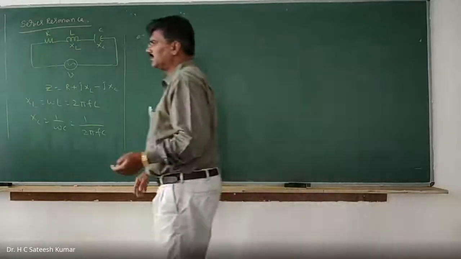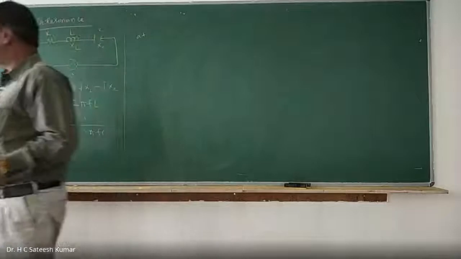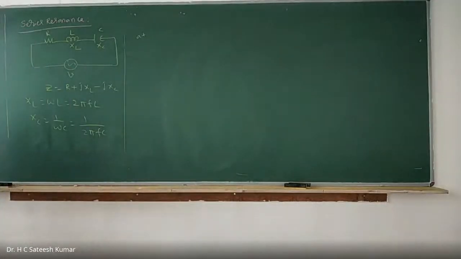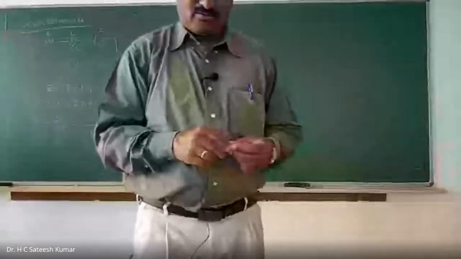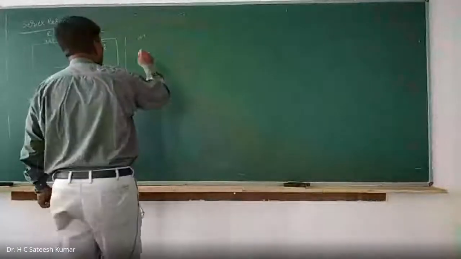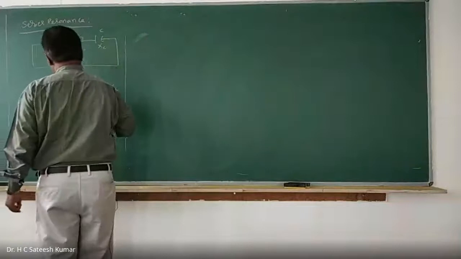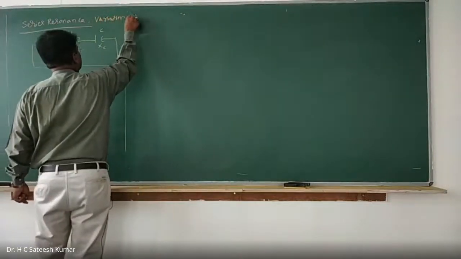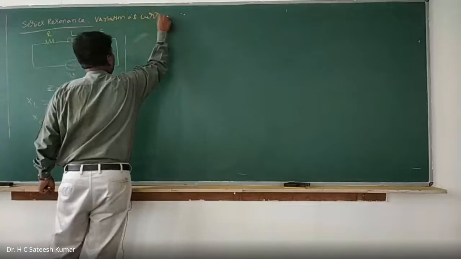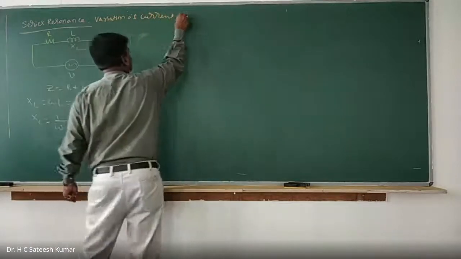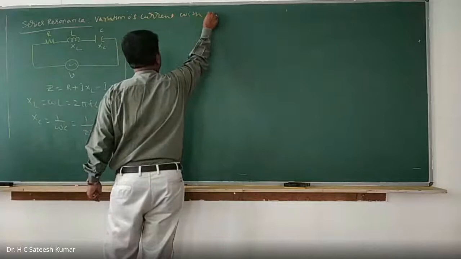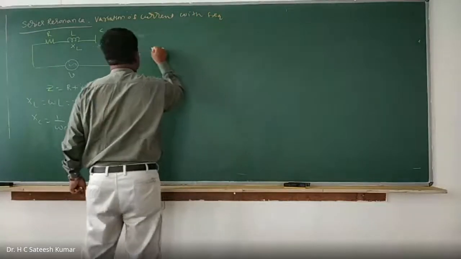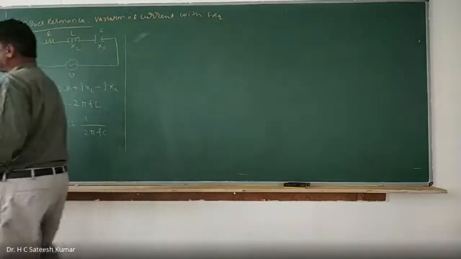Now what we have is variation of current with frequency in series resonance. Okay, right. Let us go for a graph for this.